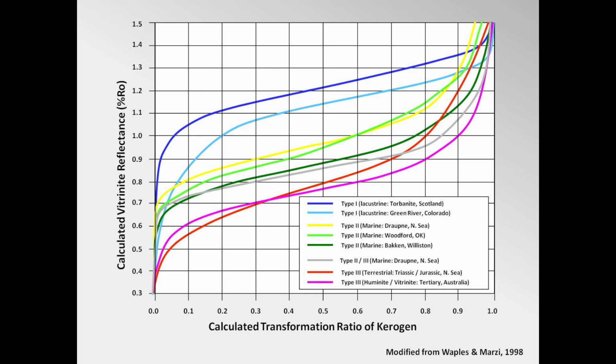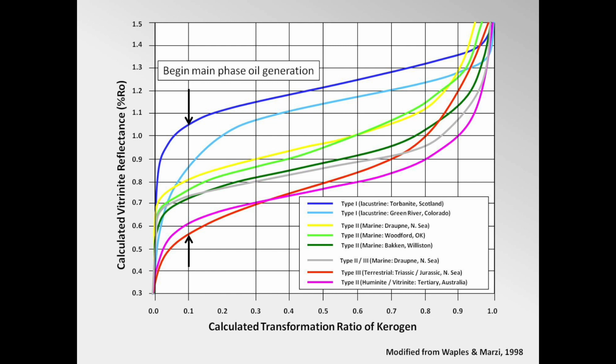If we want to interpret our diagram in terms of an oil generation window, we have to define the beginning and end of that window. Many years ago, the French Petroleum Institute started defining the beginning of significant oil generation as a transformation ratio of 0.1. And that value has been widely used. So that's what we'll use here.